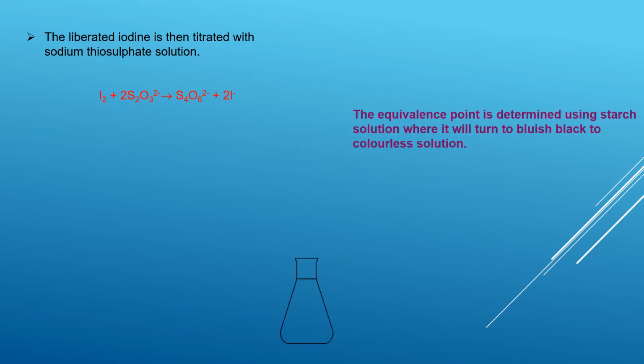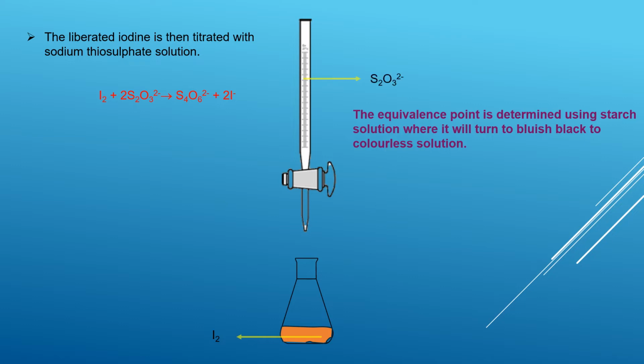So in the conical flask, which contains the liberated iodine, and the burette containing the thiosulfate, when this thiosulfate is reacted with the iodine, there will be a color change. That color change will be that the brown color of the iodine is going to fade to a pale yellow color.